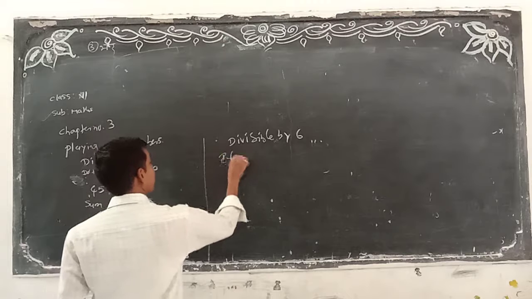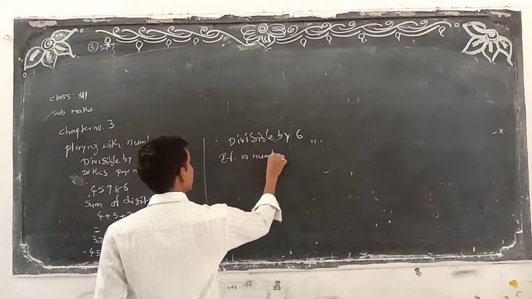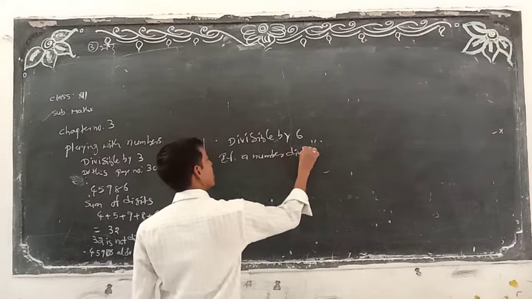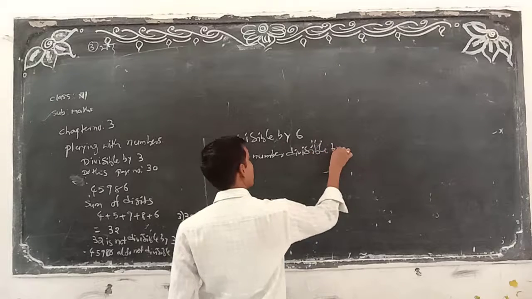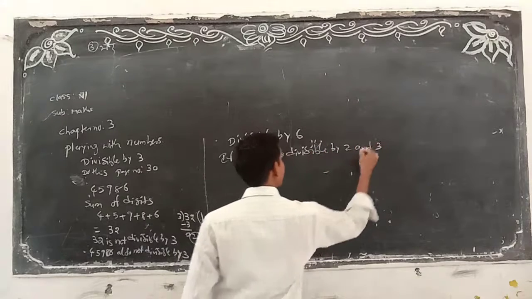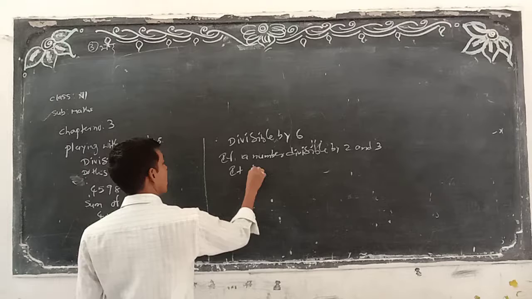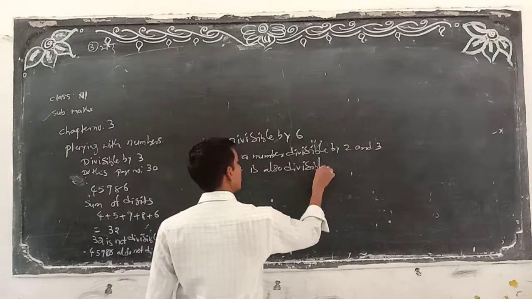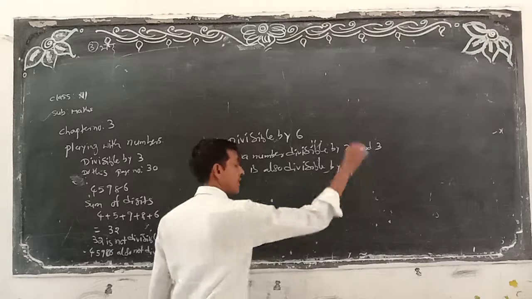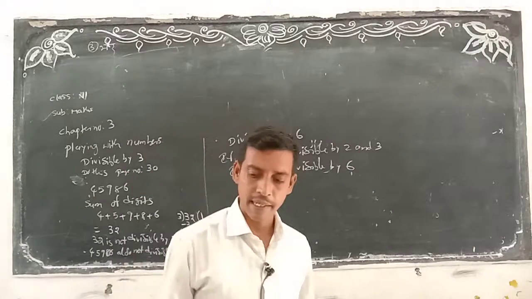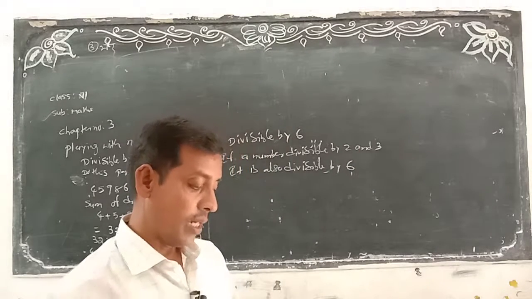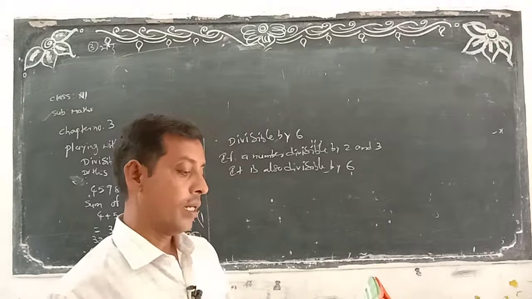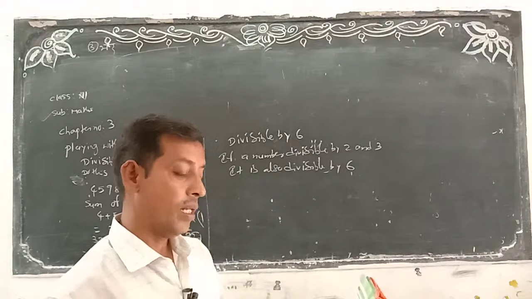If a number is divisible by 2 and 3, then it is also divisible by 6. If we take any number, if it is divisible by 2 and 3, it is also divisible by 6.